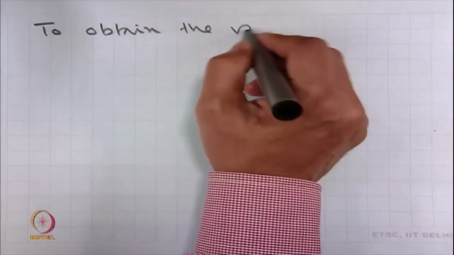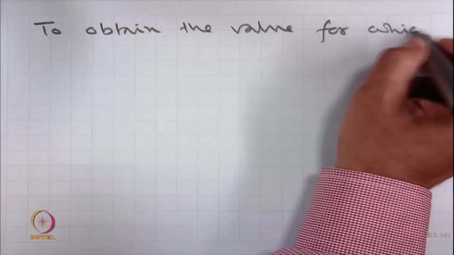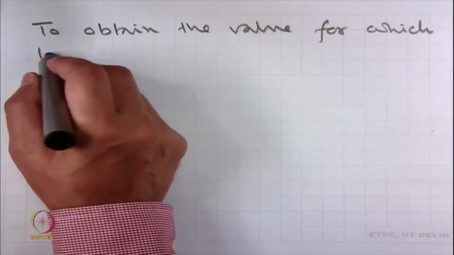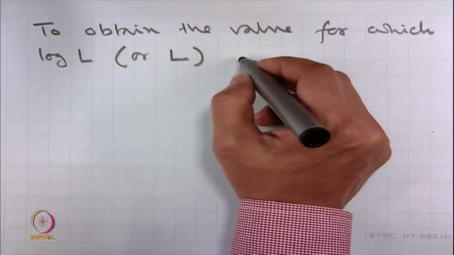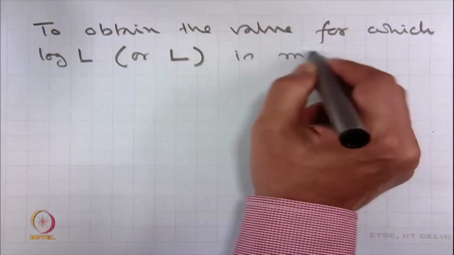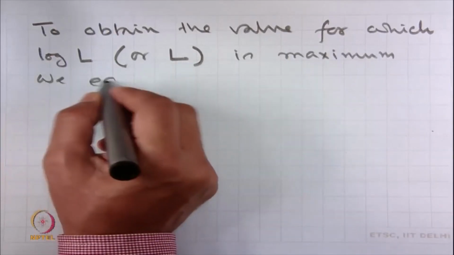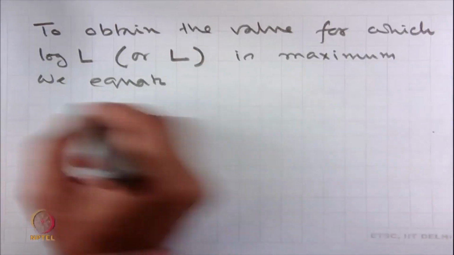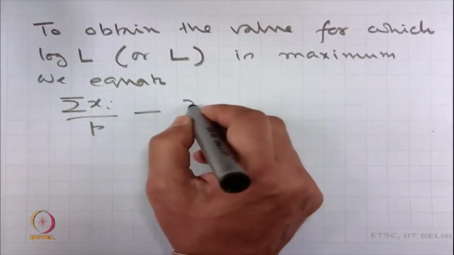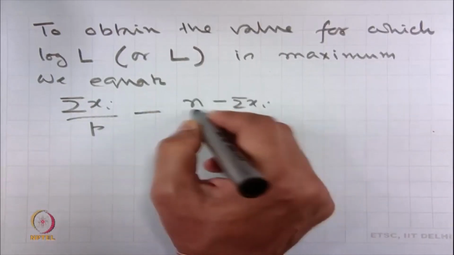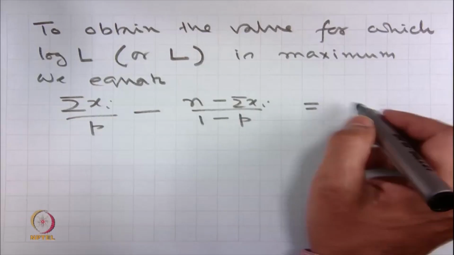I will need it later when I will be considering the second derivative, but to obtain the value for which log L is maximum, that is L is maximum, we equate sigma xi upon p minus n minus sigma xi upon 1 minus p is equal to 0.